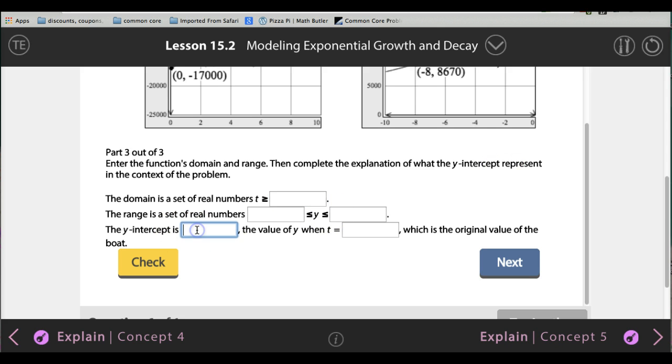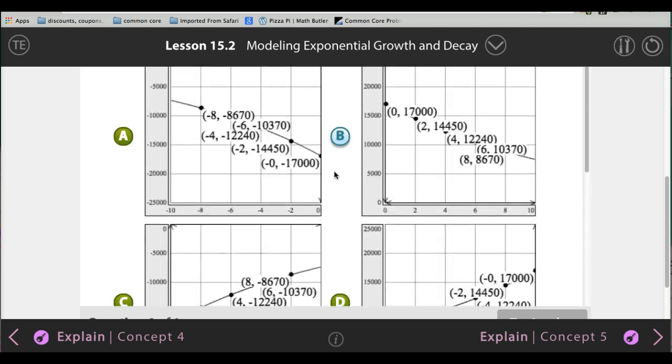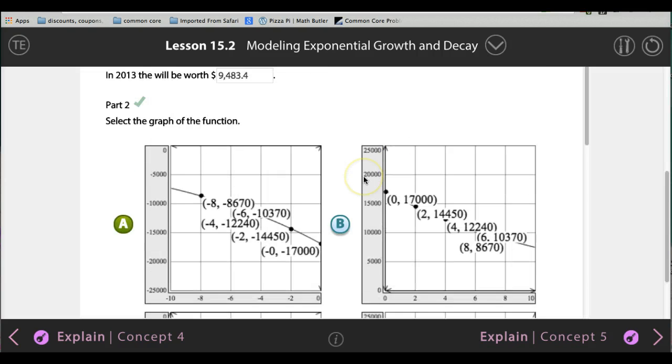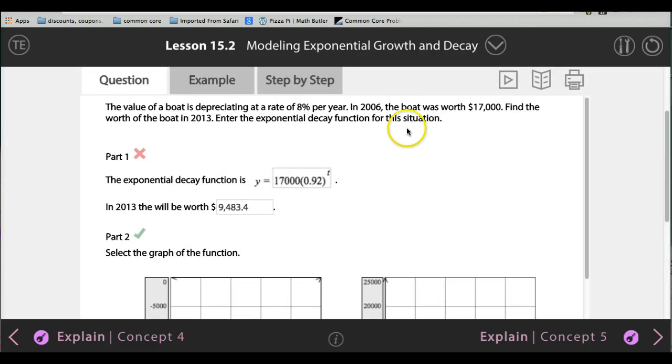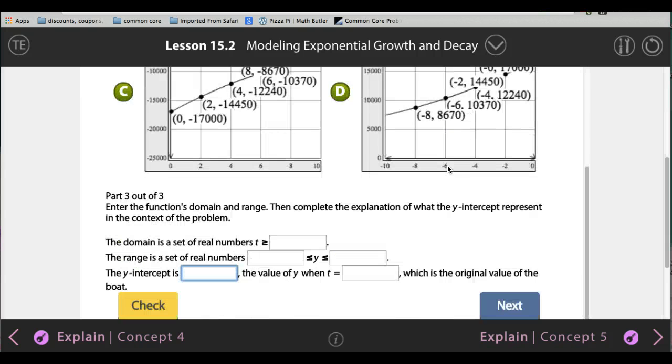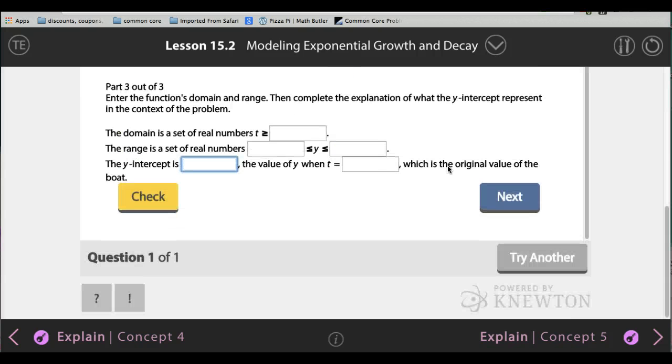Okay, what is the y-intercept anyway? That is the initial value, the $17,000. So how much the boat was worth in 2006? So 17,000, the value of y when t is equal to 0, when time was 0.